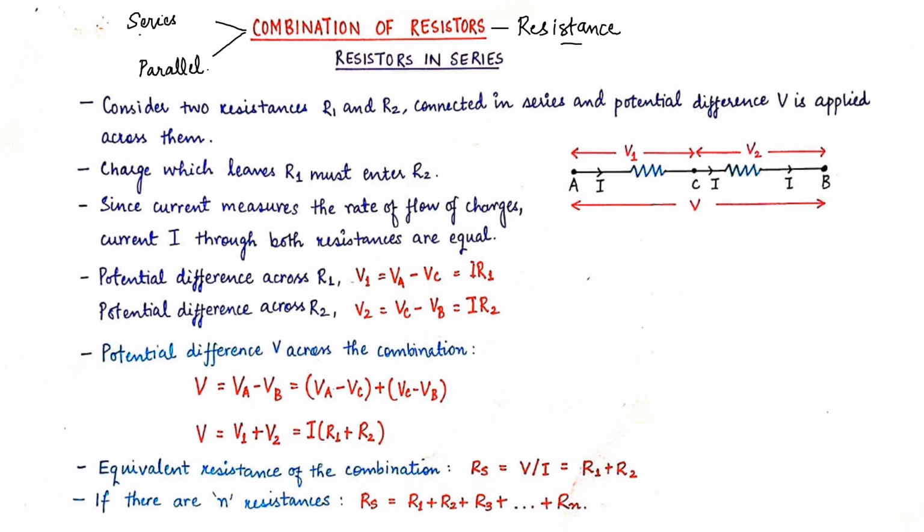A series combination of resistors states that these are connected serially in a single line, like you stand in a prayer line, 1, 2, 3, very systematic. Whereas parallel combination says that they are parallelly aligned.